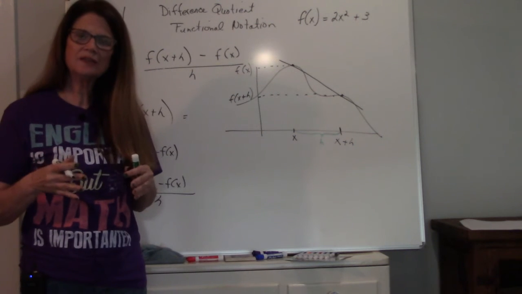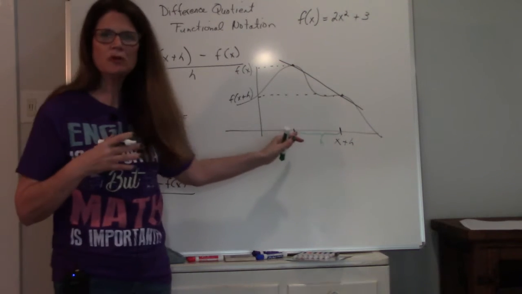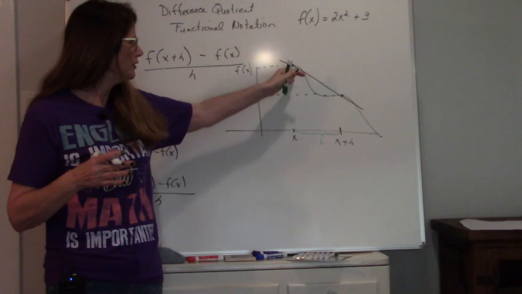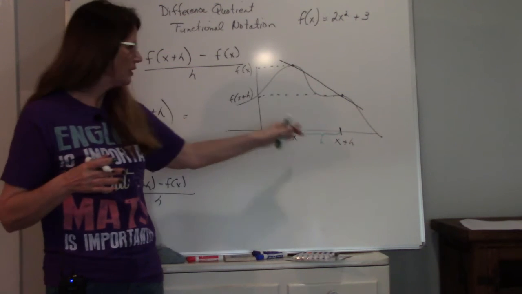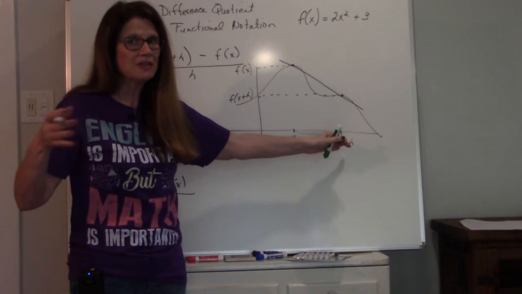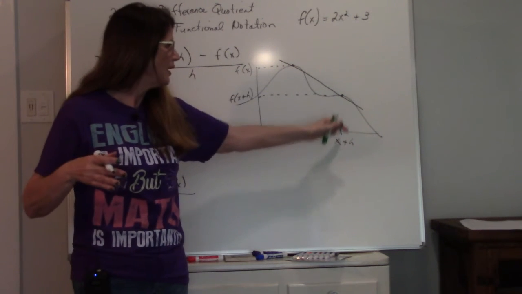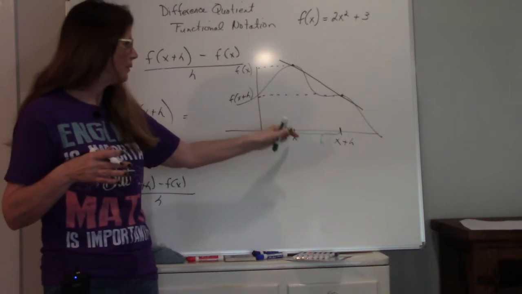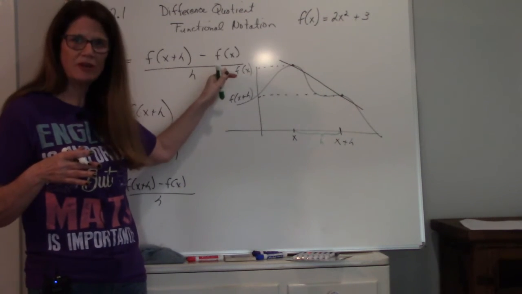So it really is just exactly the same thing. If we were to plug in numbers, say this x value is 3. If I plug in 3, it spits out 11. If I plug in 7, so 3 plus 4, x plus h, it's going to spit out a different number. So it's the same idea. I'm plugging in x, it spits out f of x.